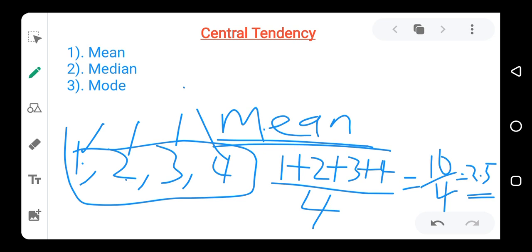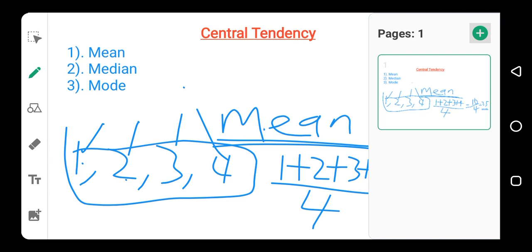Now we have a formula actually for getting the mean of a number. If we represent the values with, let's say, x values, we have the first value as x1.